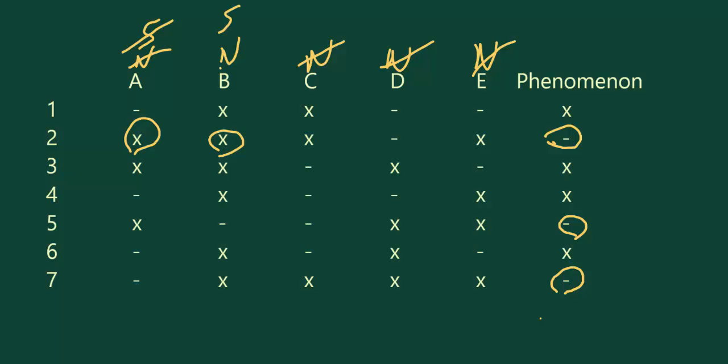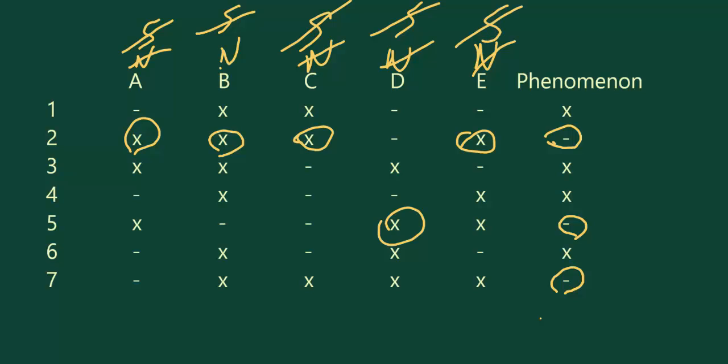So even though it's a necessary condition, it can't be a sufficient condition. Same with C, it can't be a sufficient condition. D can't be a sufficient condition, because on case 5 we get D, but it failed to guarantee that the phenomenon occurred on case 5. E can't be a sufficient condition.